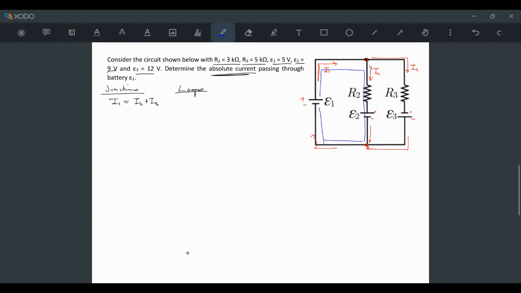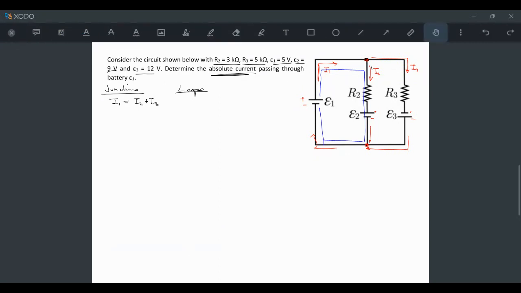The first loop we can make is starting at the first battery and going down the branch that has R2 and the second battery. We can also start at the first battery and go around a larger loop that goes around the right branch. And lastly, and I should put arrows on these so we know which way we're going, we'll do one that goes like this.